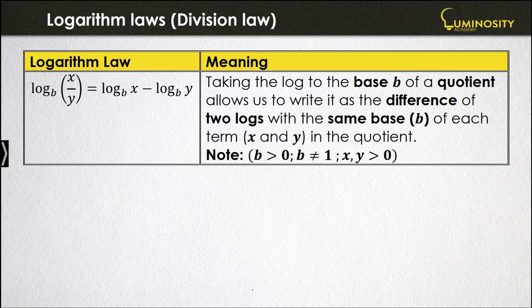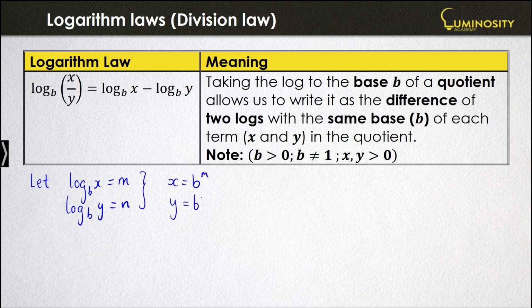The division law is very similar to the division law of exponents, and the proof follows very similarly. If you let log base b of x equal m, and log base b of y equal n, then, rather than dividing first, rewrite these in exponential form: x equals b to the m and y equals b to the n.